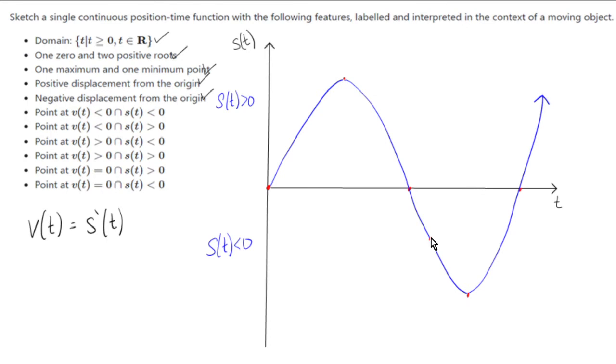right here, for example. So that point right there would be a negative velocity, so v of t is less than 0, and s of t is also less than 0. Now, in the context of a moving object, what this means is that we're moving south, or moving downward, or backward, and we're moving away from the origin.